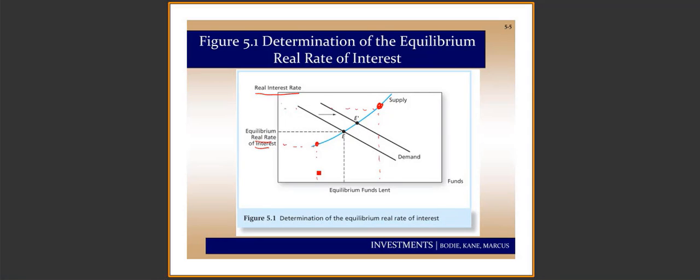Let's look at the demand side. This demand curve, as we can see, slopes down, doesn't it, from left to right. And let's see if that makes sense to us. Who's demanding money? Well, let's say businesses are. Aren't businesses going to demand more money whenever the interest rates are lower?